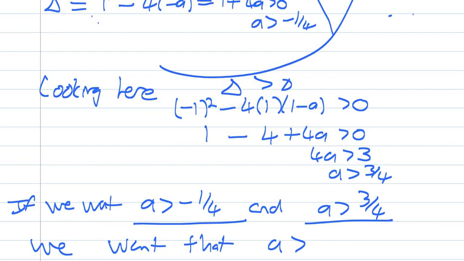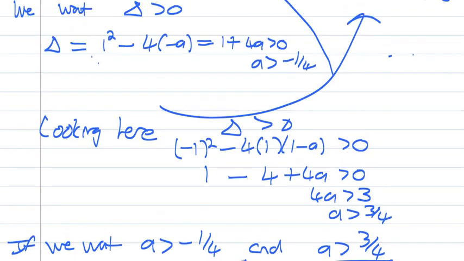Do you guys agree with Chatterjee? Can I get smiley faces that you guys agree with Chatterjee? Alright? So you want 2 wishes. You want a to be bigger than minus a quarter and a bigger than 3 quarters. So you pick the biggest number. So you can summarize this. So your final answer would be that a has got to be bigger than 3 quarters.